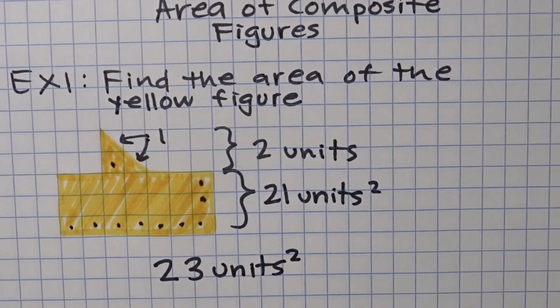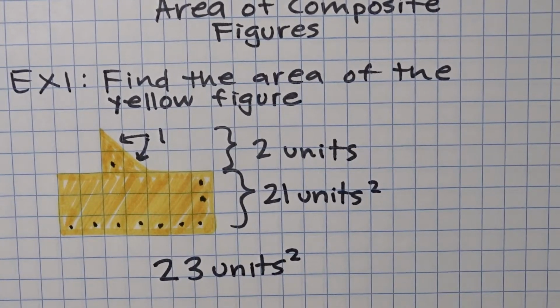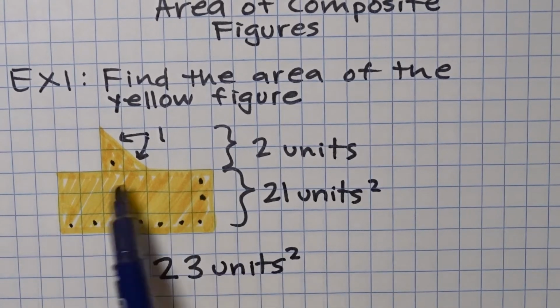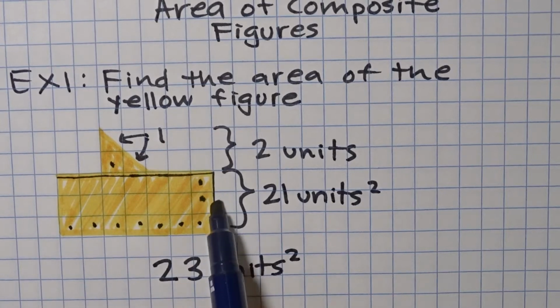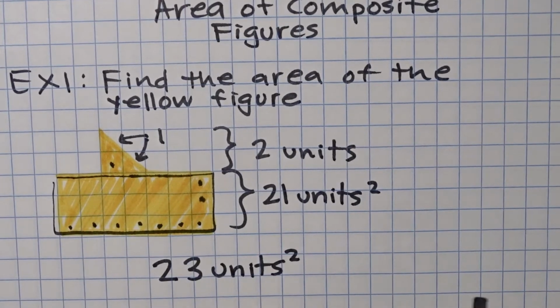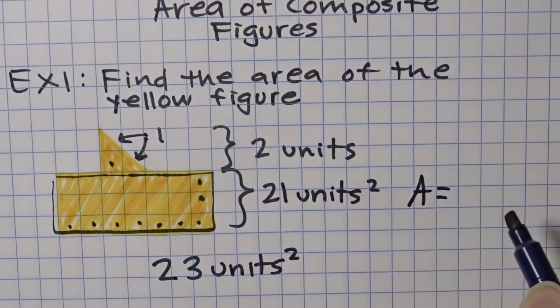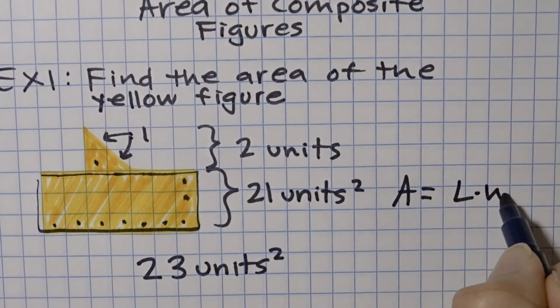All right, so that's the idea. You break it up into pieces that you know. Now, we don't always have graph paper to do this. So one thing you're going to have to do is identify the shapes that you have. You would have just said, oh, I see this is a rectangle, and I know the formula for area of a rectangle, right? That would have been area equals length times width.